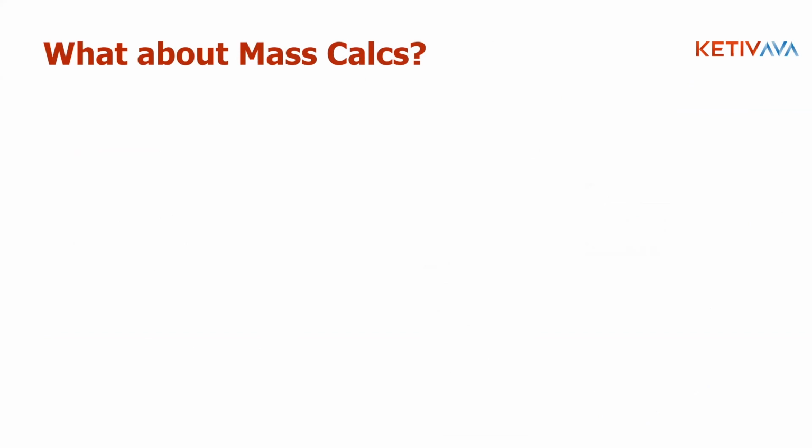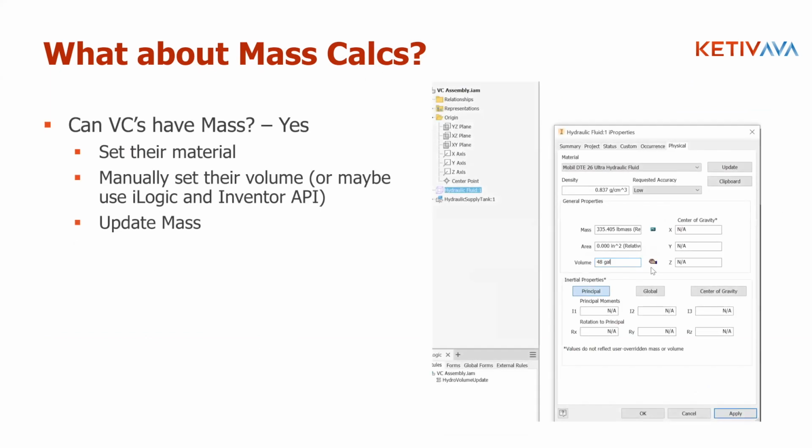Okay. So what about mass calculations? Oh, this one always breaks my heart, unfortunately. I so want this to be more than it is, but it is what it is. Can virtual components have mass? The answer is yes. So the first thing you have to do is go into the iProperties, go to the physical tab, and you can assign a material.